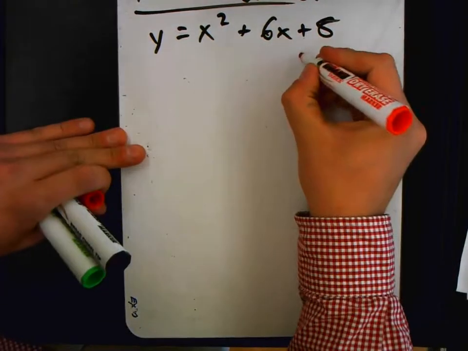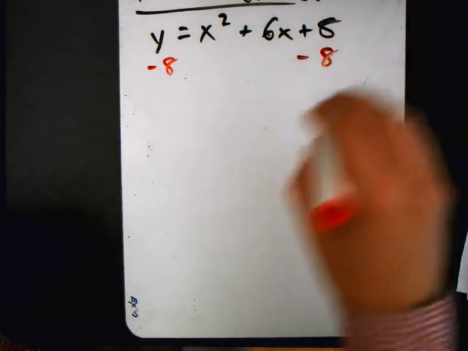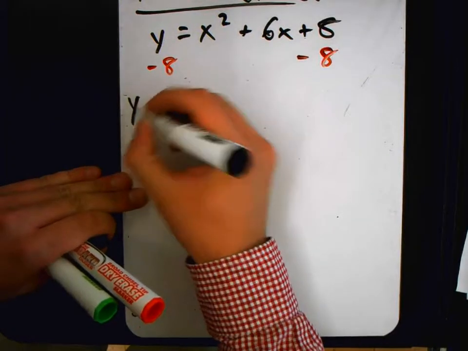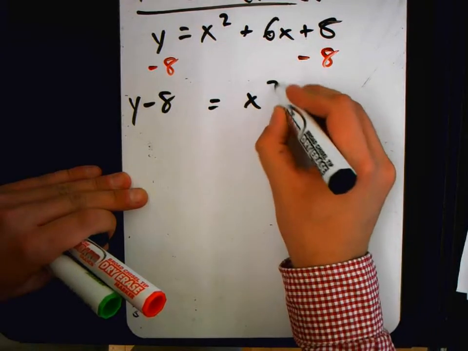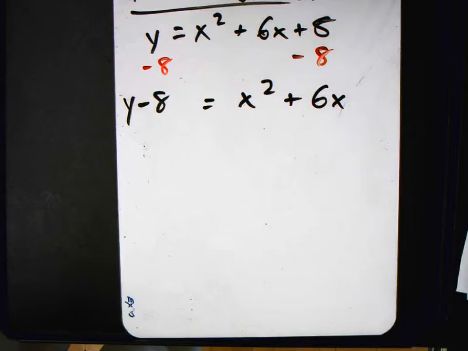First thing to do is to subtract 8 on both sides. Just like the last problem, you move the number by itself over to the other side. So we are now left with y minus 8 equals x squared plus 6x.